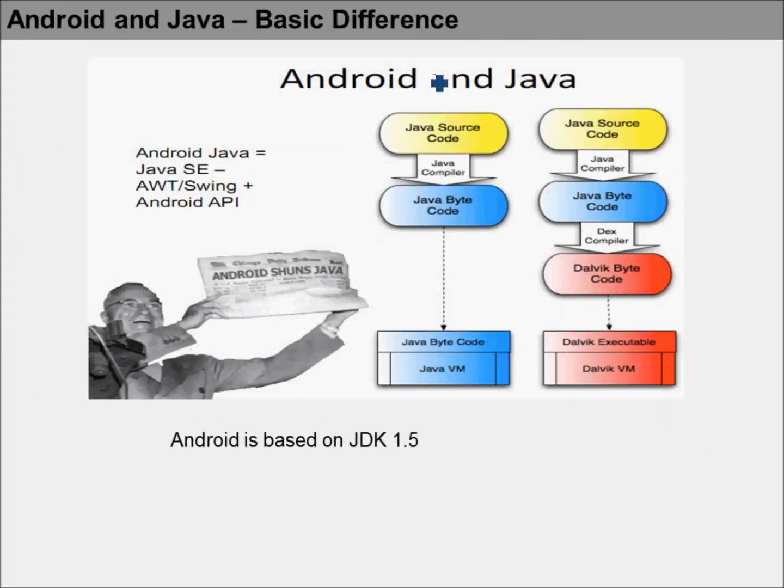And to set up the development environment in Windows, there are a few things we need to understand: Android is based on JDK, Java, and Android basically goes just like Java, but there is a small diversion and that comes here.